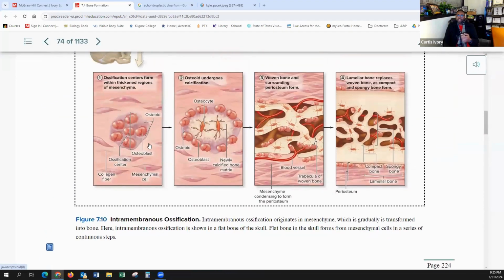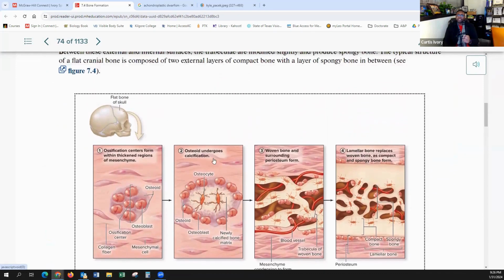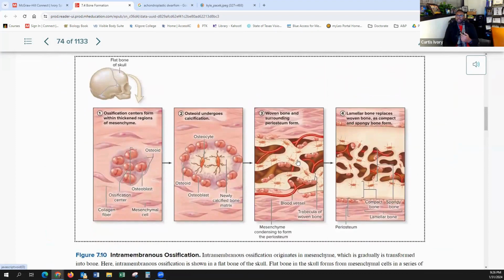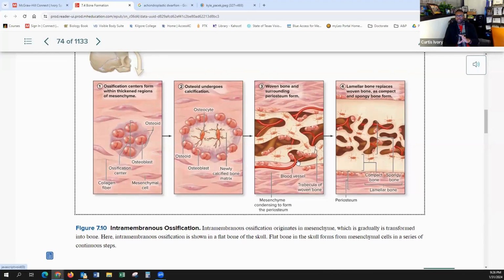So if you look here, which kind of goes back to the last picture, we're starting to see we have osteocytes. They're going to start proliferating, and this is going to start happening inside the bone. This is happening within a flat bone of the skull. And so the exact same thing is happening essentially in the chondrocytes. It's happening in intramembranous ossification.